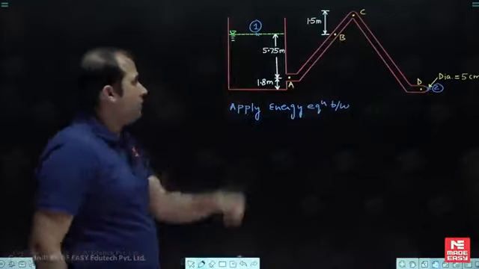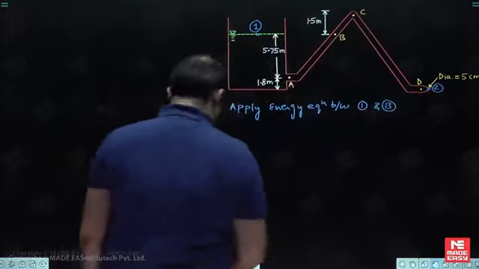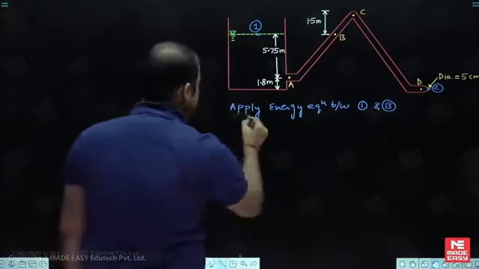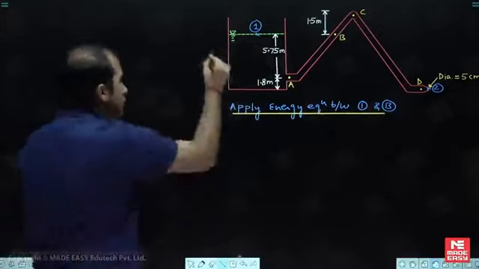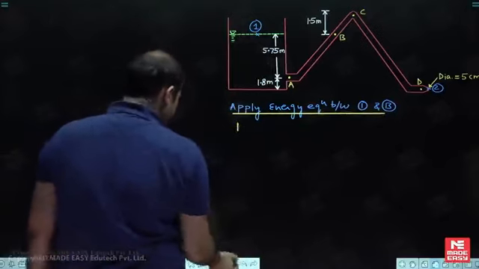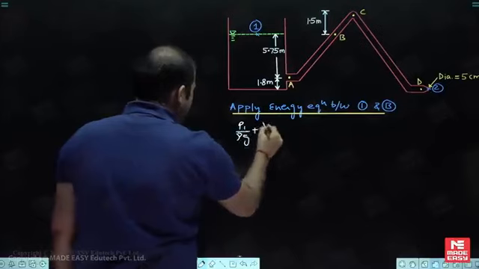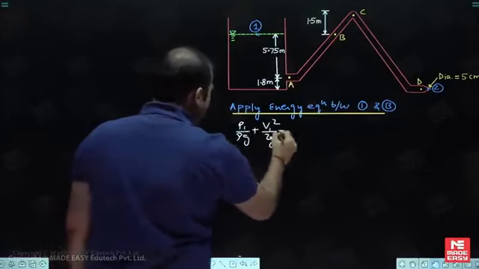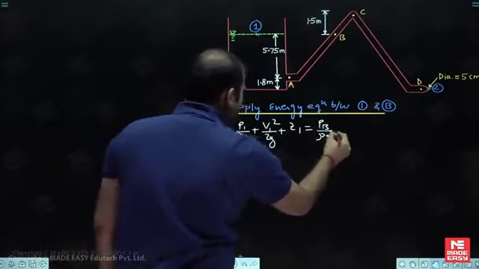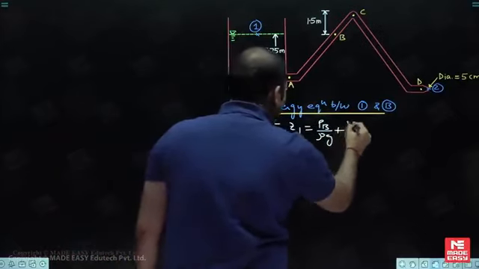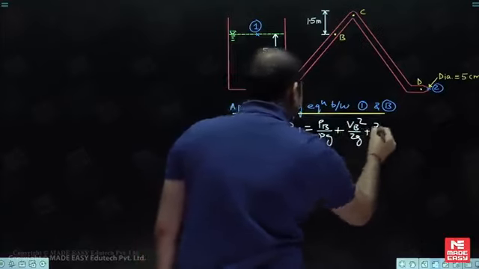So we are applying between 1 and B, 1 and B. Now see, so this is P1 by rho g plus V1 square by 2g plus Z1 is equals to PB by rho g plus VB square by 2g plus ZB.